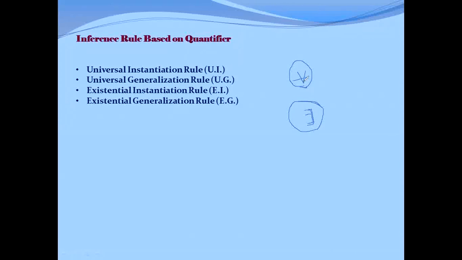So these two symbols are used for quantifier formulas. The universal instantiation rule is based on this symbol, and these two are based on this existential, but these two are based on for all. First one is universal instantiation rule UI.